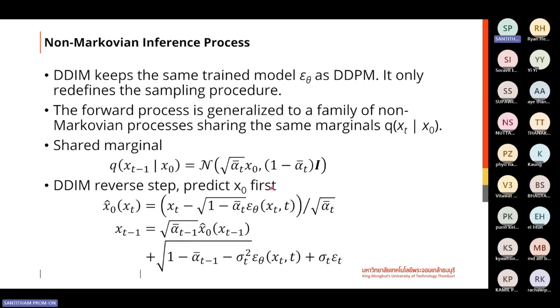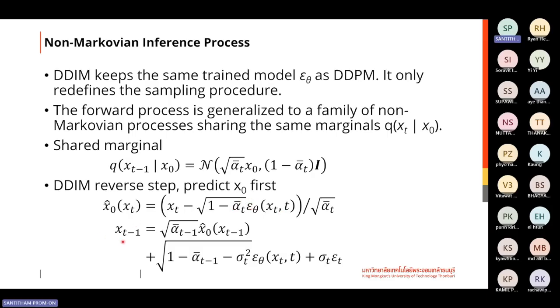This is the predicted error, epsilon theta of xt and t. So we are predicting x0 from xt, and what we subtract out is the predicted noise, scaled with alpha t.